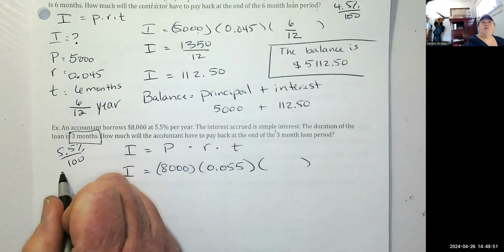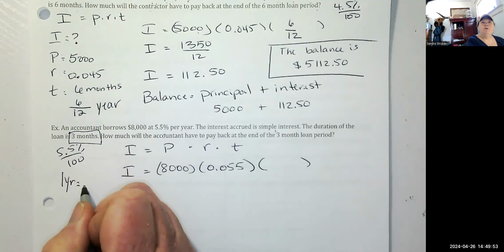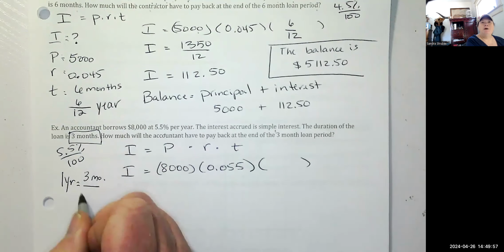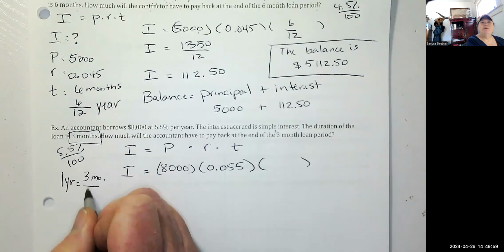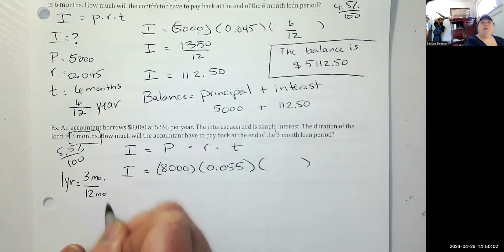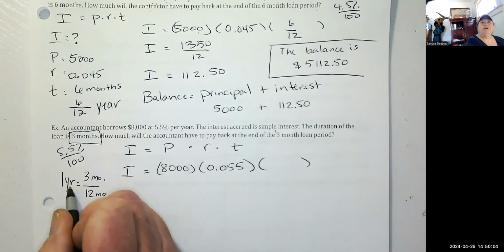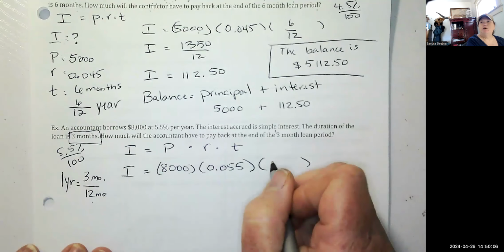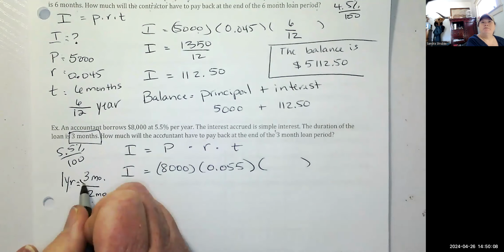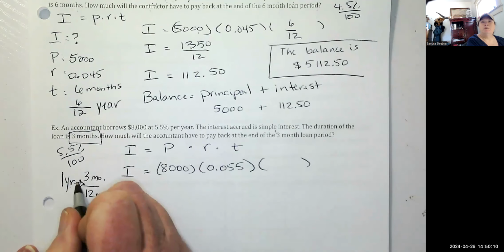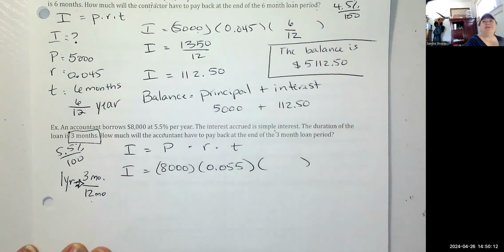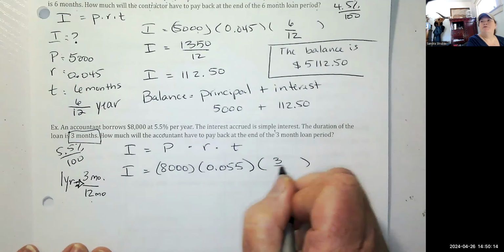So if we need it to be a year, but they're only giving us 3 months, how much is that to give us a full year? It would take 12 months. 3 out of 12 would give us how much of the year is being utilized. That's an arrow, not an equal. It's to point to what we have to get it to. So this is 3 over 12.